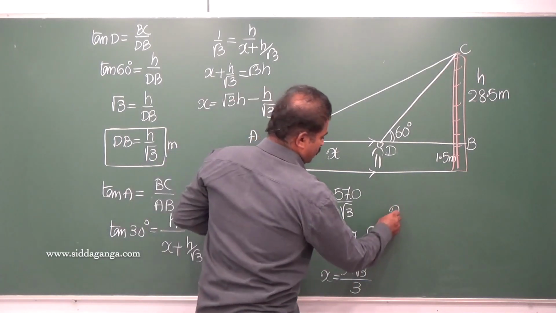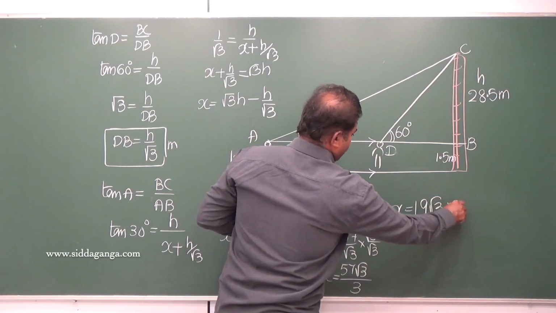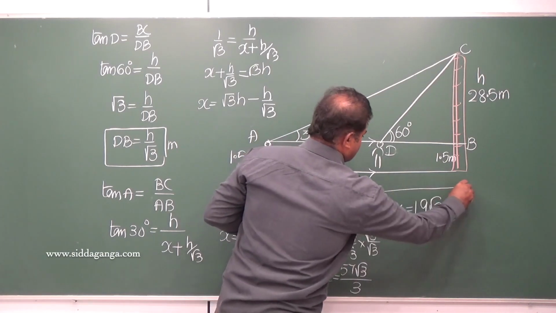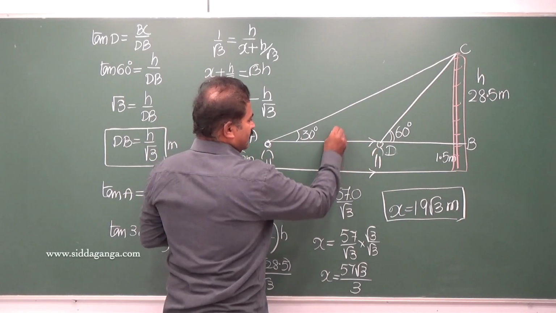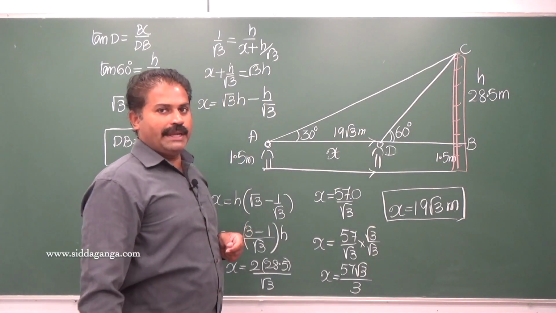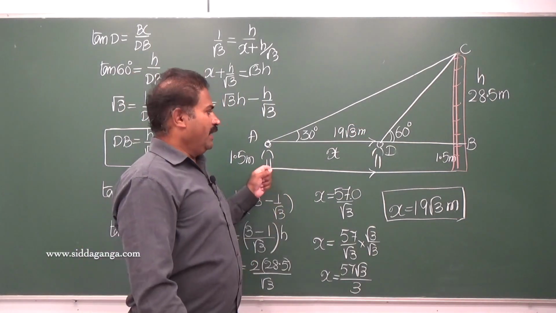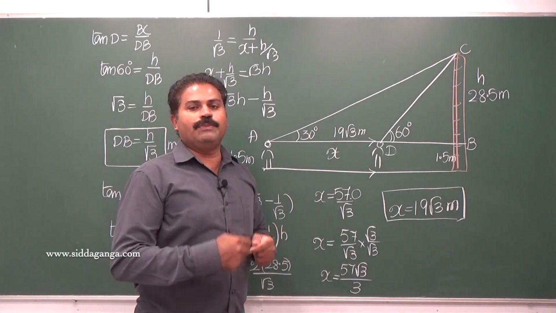So X is equal to 19 root 3 meters. So this is the distance through which the boy has moved. Ultimately, you need to end with a sentence: the boy has covered 19 root 3 meters towards the building.